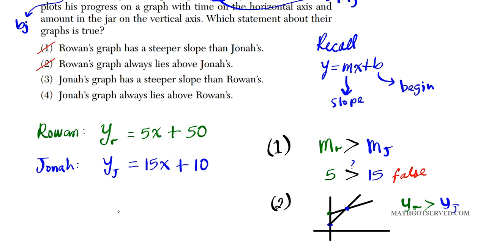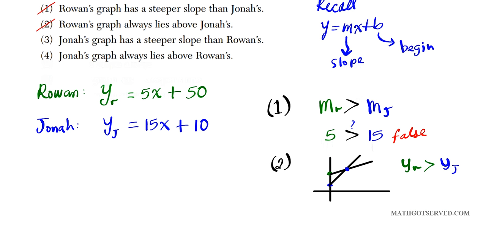Okay, now let's take a look at option 3. It says Jonah's graph has a steeper slope than Rowan's. Is that true or false? Well, for option 3, in order for Jonah's graph to be steeper than Rowan's, that means the slope of Jonah's graph has to be greater than the slope of Rowan's graph.